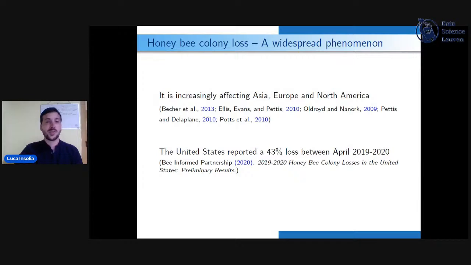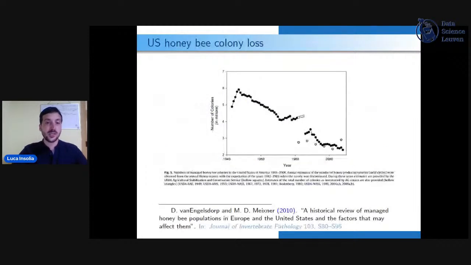Of course, some colonies have been renovated or added during the year, so this should not be considered the absolute decrease in the colonies stock. However, looking at this plot, we can see a negative trend in the estimated number of colonies in the US between 1944 and 2008. This is due to several reasons, including stressors affecting honeybees, but also economic policies, business practices, and so on.